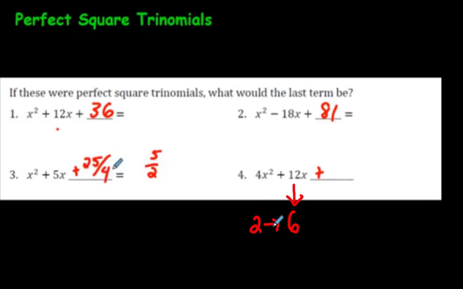That means 2 times whatever we decide to go right here. 2 times whatever we decide to go right here has to equal 6. Well, 2 times 3 makes 6 if you multiply those two together. And so therefore the last term would be the square of 3, this last term of 3. So 3 squared would give us 9. And that would be the last term that we were looking for here.